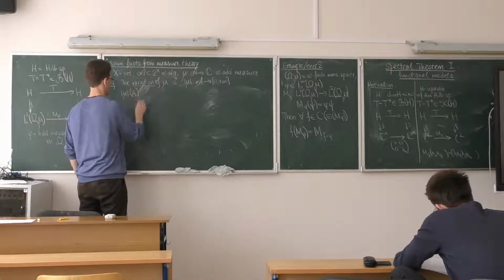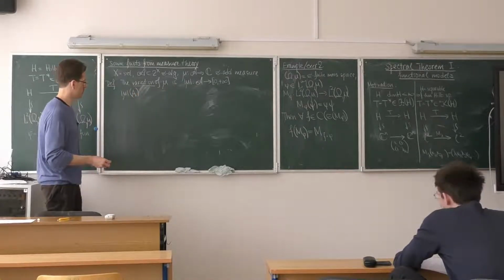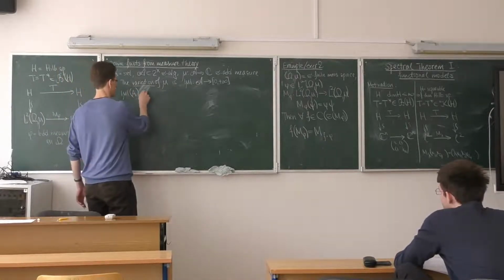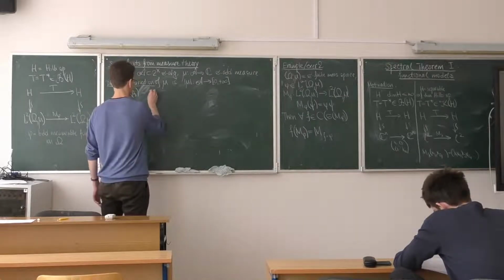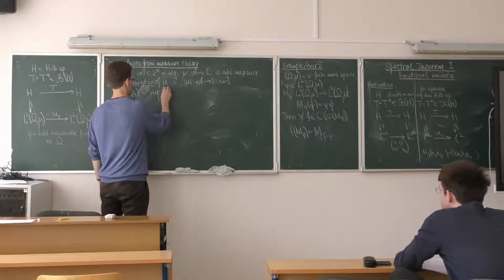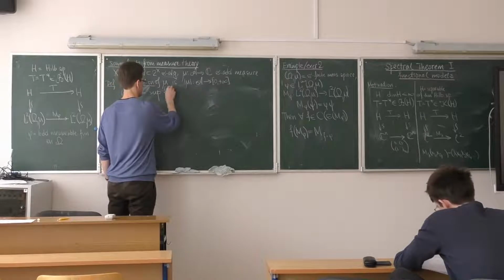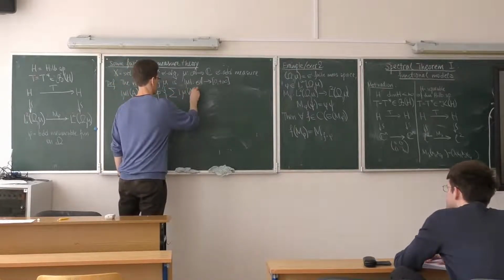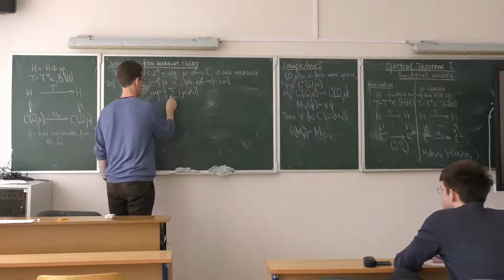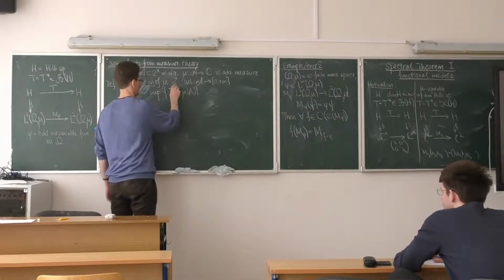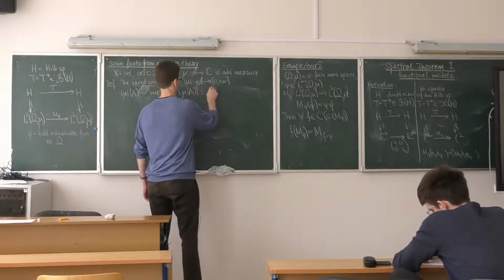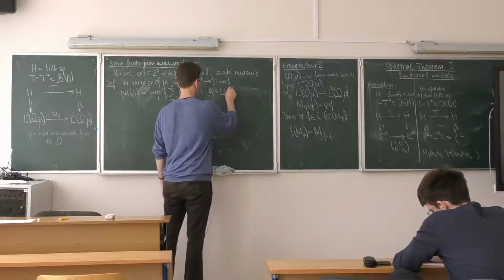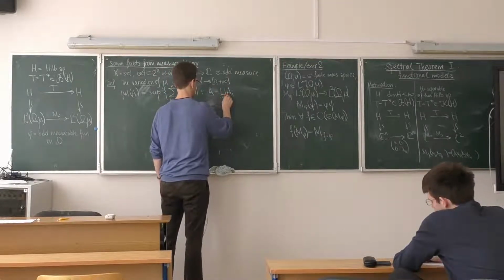For any measurable set A, we consider all finite partitions of A into disjoint pieces. For each such partition, we consider the sum of the absolute values of the measures of the respective sets. And we take the supremum over all such partitions.